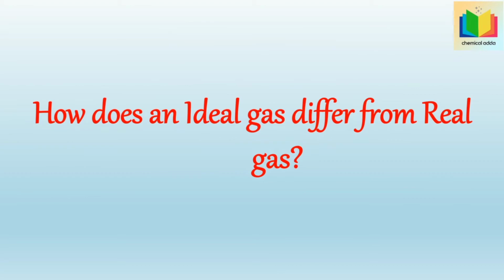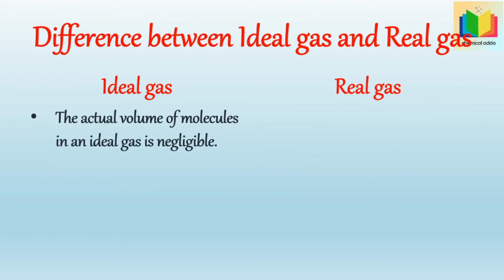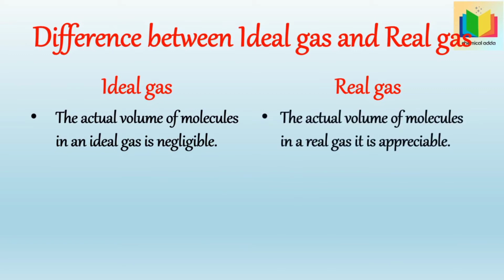Now, how does an ideal gas differ from a real gas? So, the difference between ideal gas and real gas is: in an ideal gas, the actual volume of molecules is negligible. And in a real gas, the actual volume of molecules is appreciable.